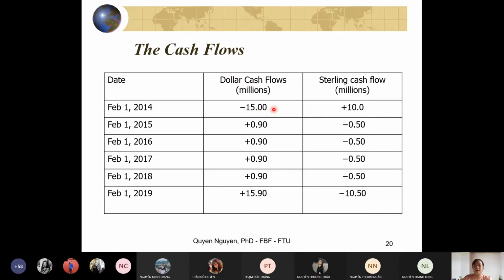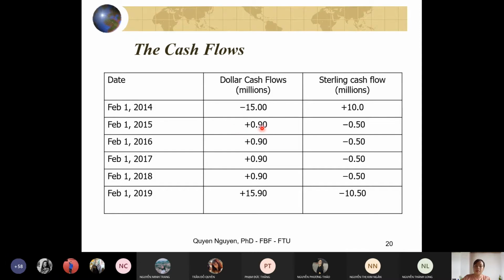At the beginning of the swap contract, there would be the exchange of the principal. We will exchange the US dollars to receive Great British pounds, and then, as you can see, the cash flow corresponding to each year, for the 5 years as the maturity of the contract.